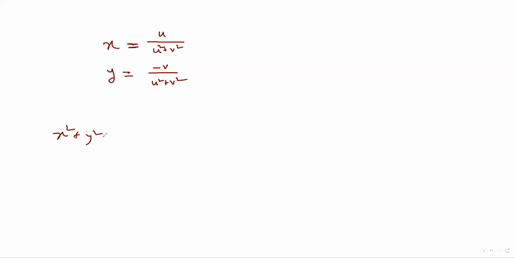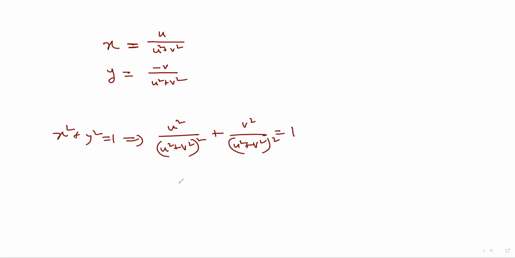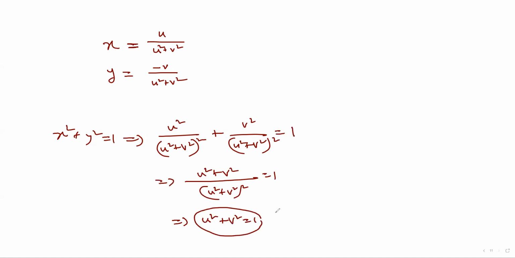What happens if we just substitute x and y by these two expressions? You get u square by u square plus v square whole square plus v square by u square plus v square whole square equals 1. So u square plus v square whole square over u square plus v square equals 1, which means we have the equation of a unit circle again, which means what happens geometrically.